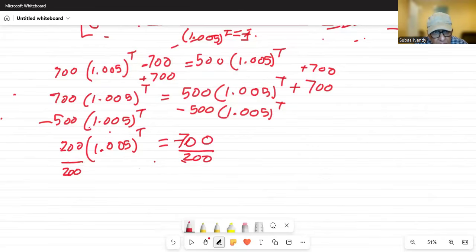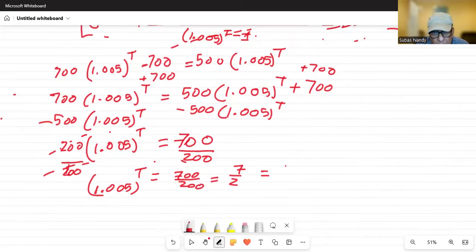So the 200 and 200 will cancel. I'll be left with 1.005 exponented to t is 700 by 200 on the right, which is 7 over 2, which is equal to 3.5.